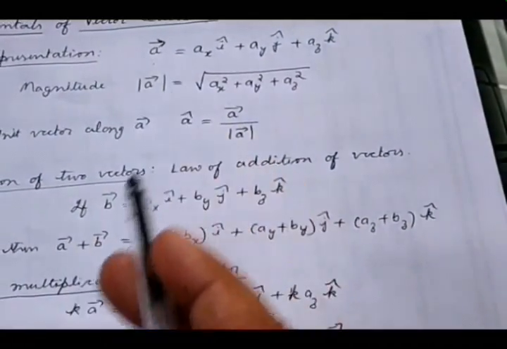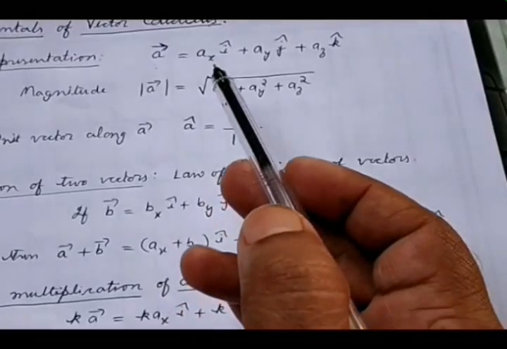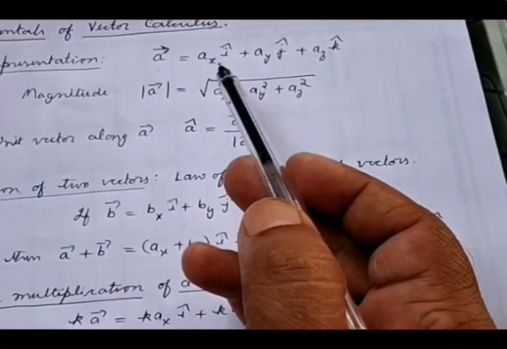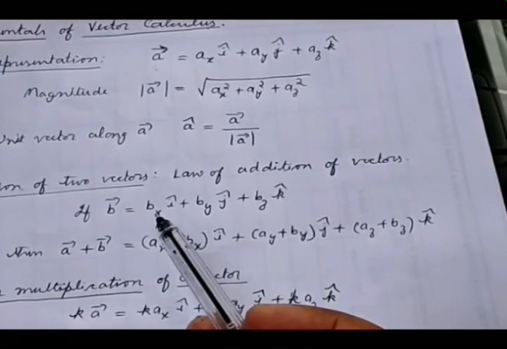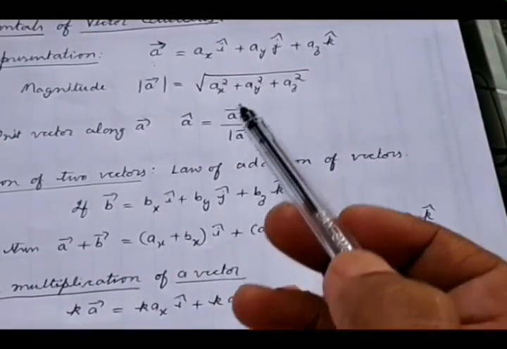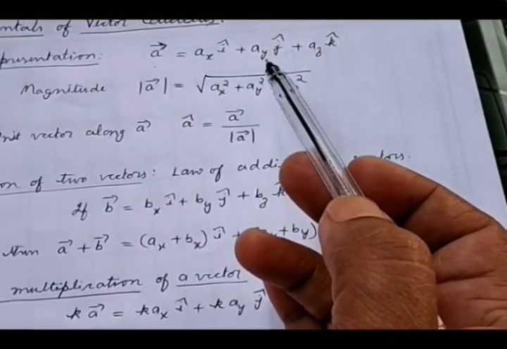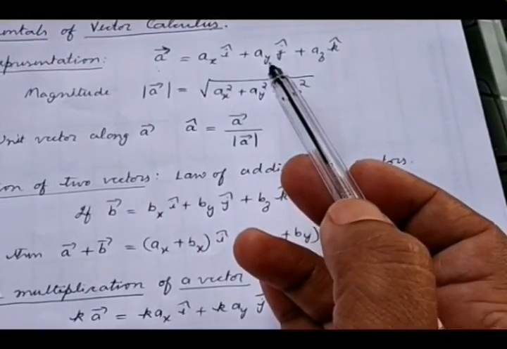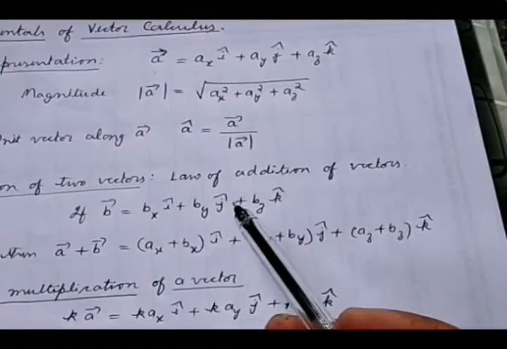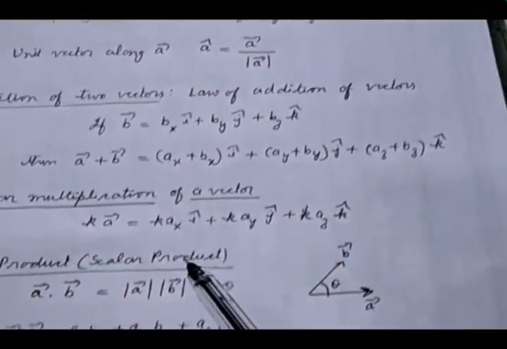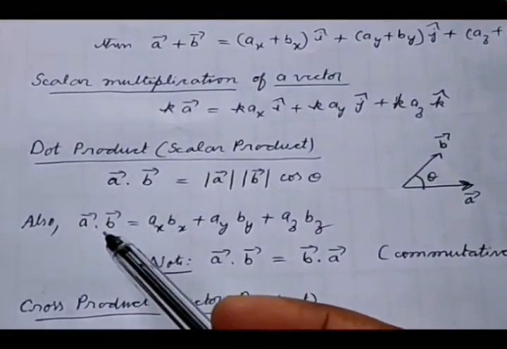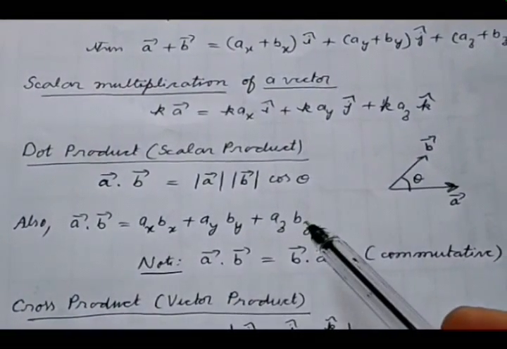A bar dot B bar is simply: take the x-axis component AX and multiply with the x-axis component of B bar, BX. So AX BX plus, multiply the y-axis component AY with BY, plus AZ into BZ. So that is the dot product A bar dot B bar.